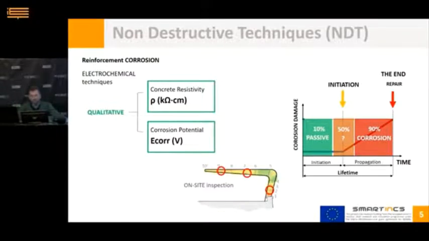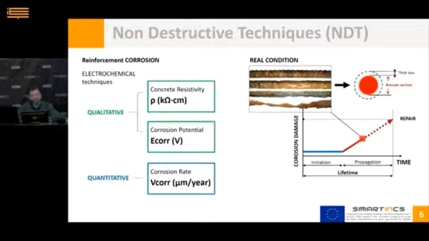If what we want is to quantify corrosion, that is to know how serious is the problem, we must use corrosion rate measurement techniques. This parameter expresses the deterioration rate of the reinforcement by corrosion.